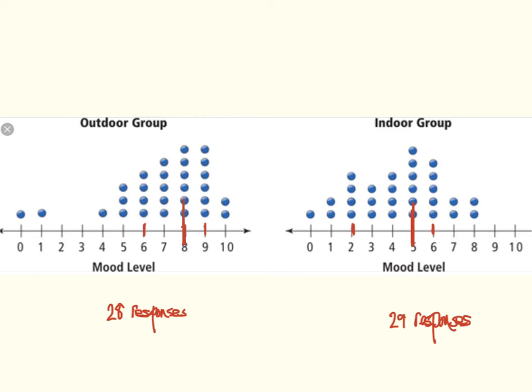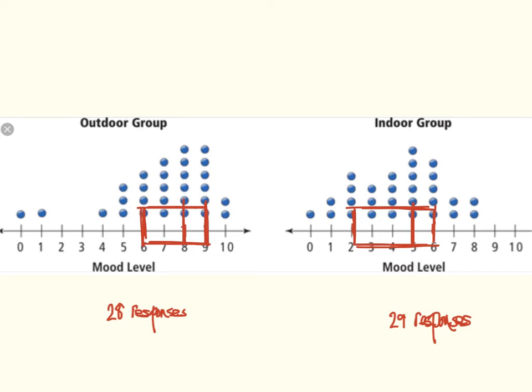But let's draw our box. So the top, where that would be about 75% would be there, and the bottom, that would be 25% there. There's my box. Let's do the same for the other. 75% there, 25% there. There's my box.